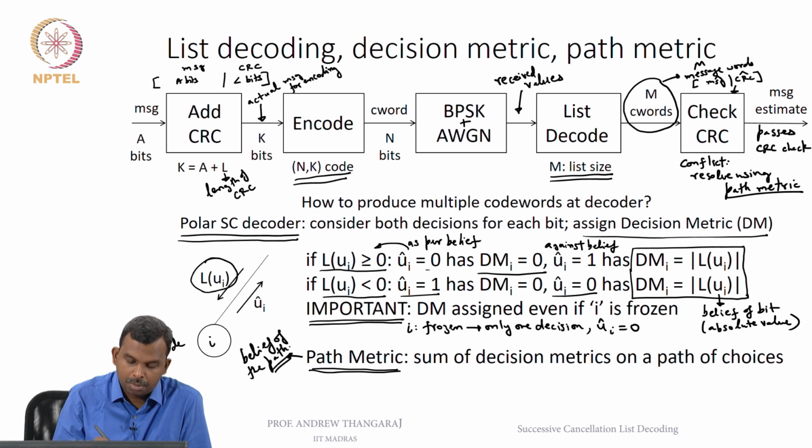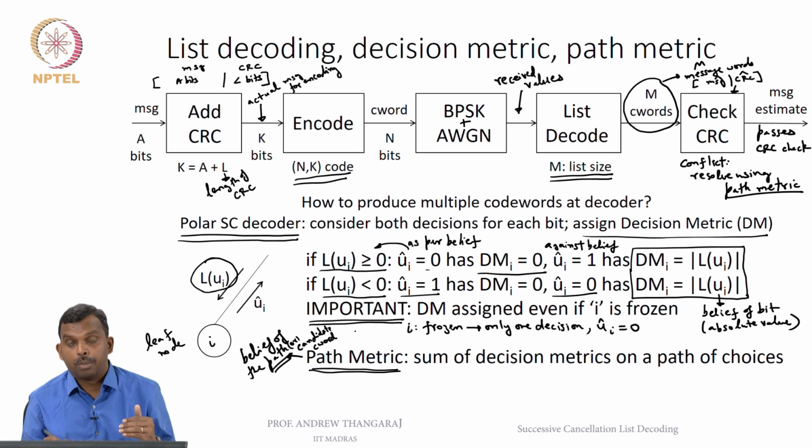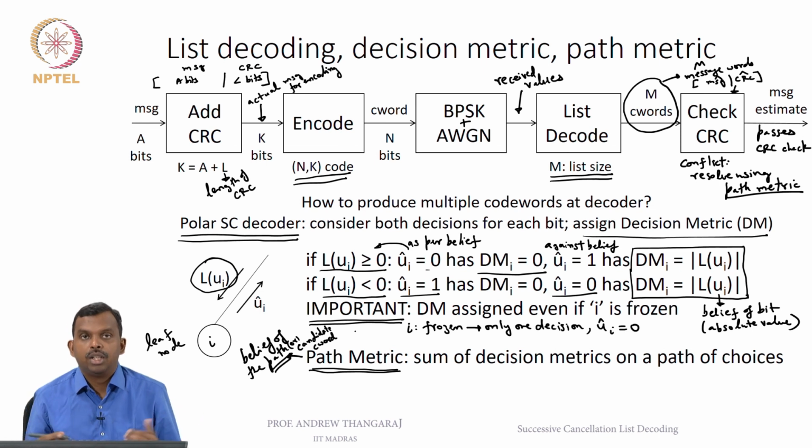Okay, path, remember, corresponds to a candidate code word. Candidate code word. Okay, so the list decoder puts out multiple code words. A particular path is a particular candidate code word, and the path metric is crucial because it's like the belief in your code word. How confident are you that the code word is correct?